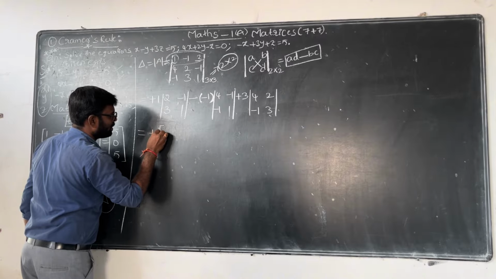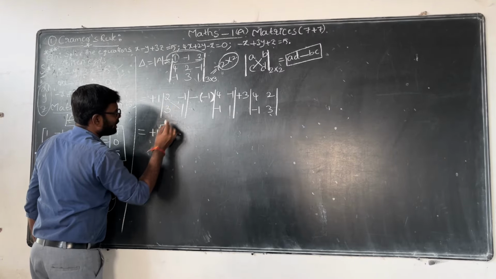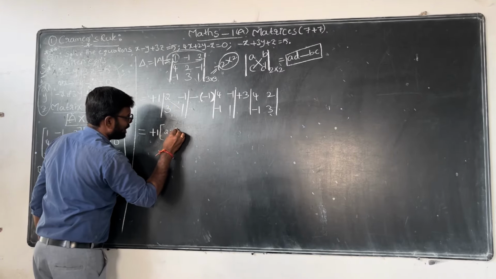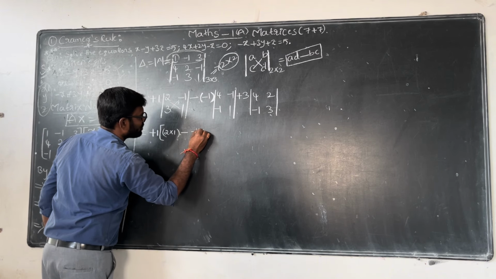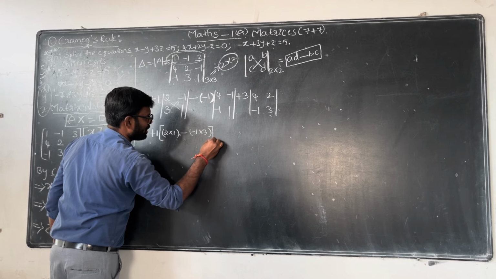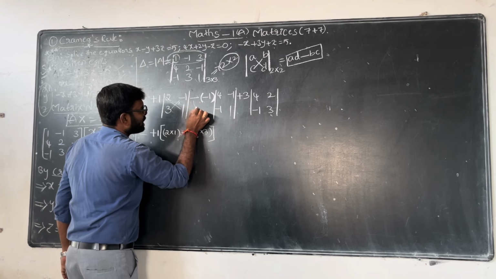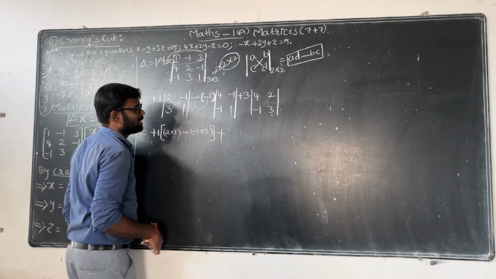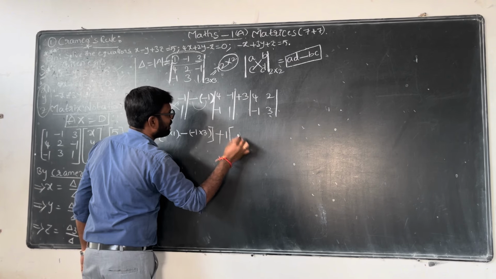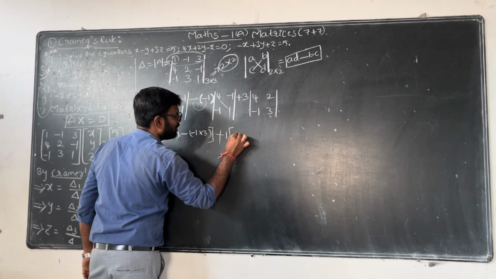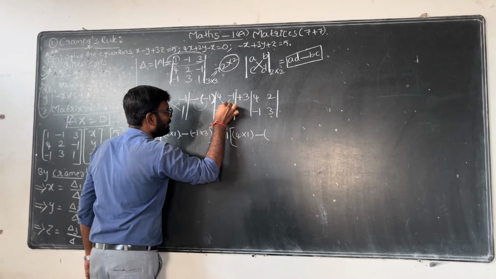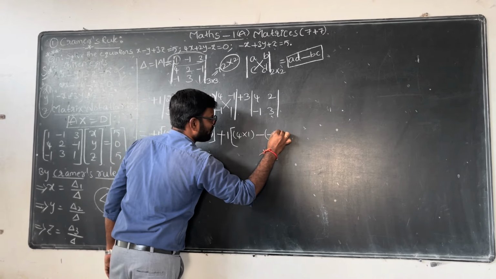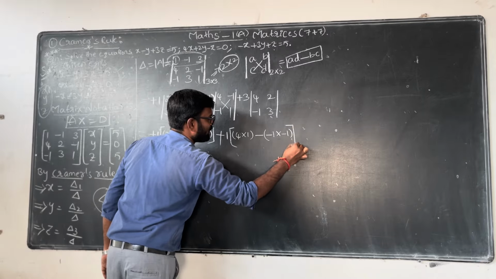Plus 1. Now 2 into 1, AD, minus BC, minus 1 into 3. Next, minus into minus is plus. Plus 1. Next again, AD, 4 into 1, minus BC, minus 1 into minus 1.